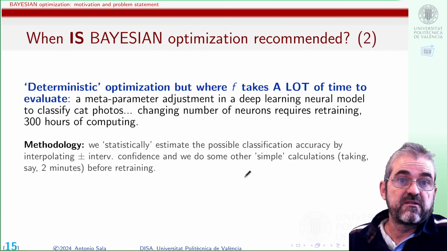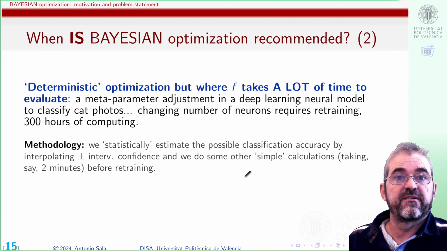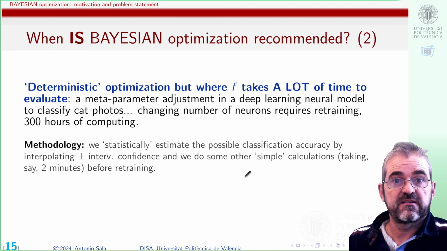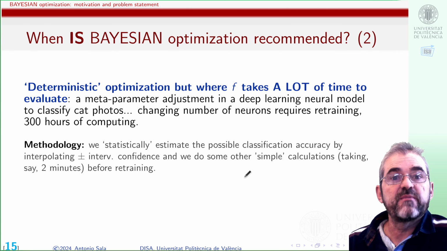And in some cases then we spend a couple of minutes with this statistical Bayesian optimization stuff, deciding which will be the next value for the learning rate, instead of just guessing at random and spending 2 weeks training my new neural network. So this is a second usage case, in neural network training or computational fluid dynamics optimization, which also take a lot of time.